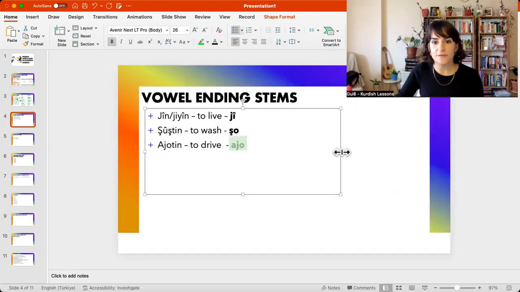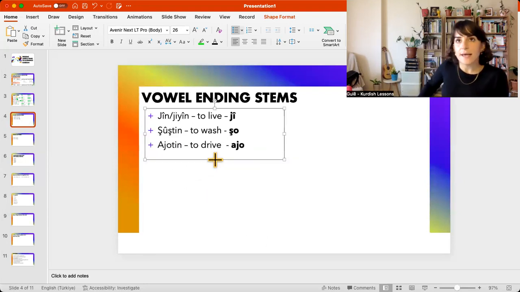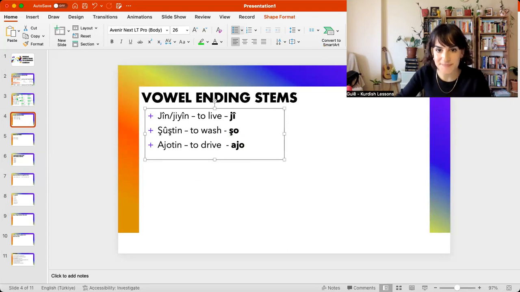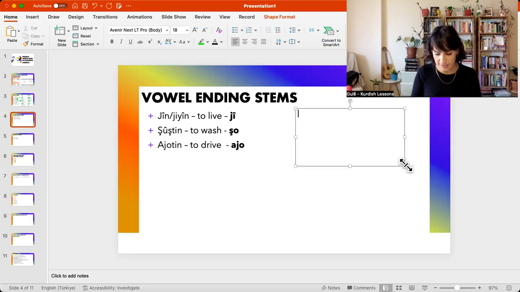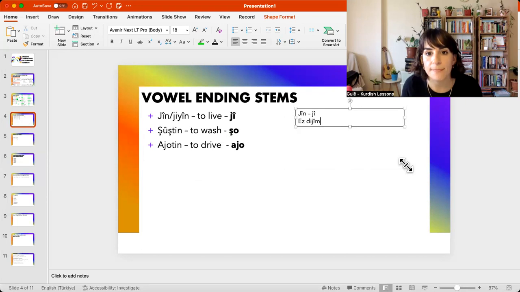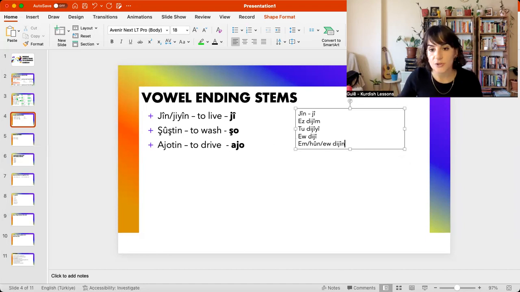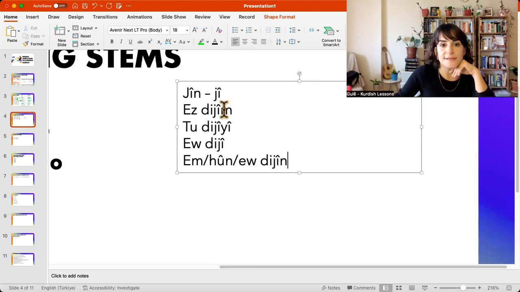So if you have this kind of verbs, this kind of stems, the conjugation will be, so let's do it for ji. Jin, and the stem is ji. So you say as dijim, to diji, ev dije, em hun ev dijin. Now I will show you. So I said ji is the stem.